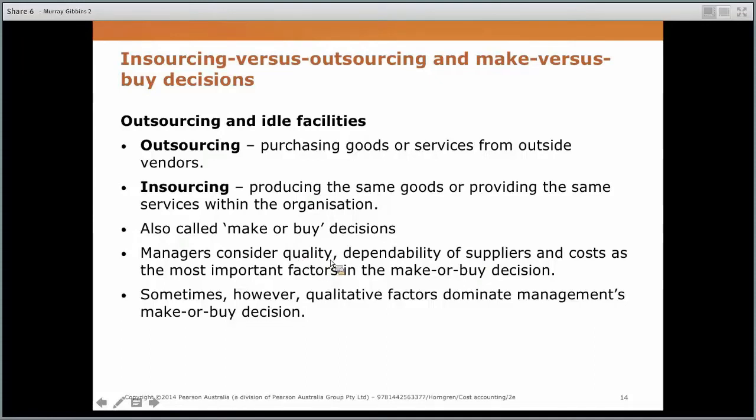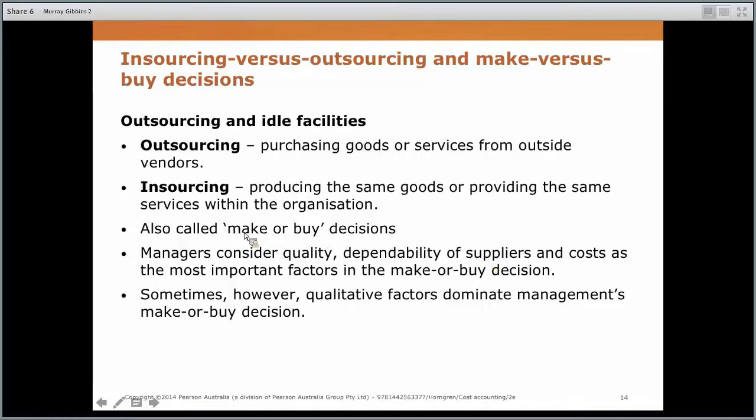What happens if the quality of the product that he's supplying deteriorates, or the supplier goes bankrupt, or is late in delivery, all those sorts of issues? When you were making it, you didn't have those issues. You could control the quality, the delivery times and the costs.